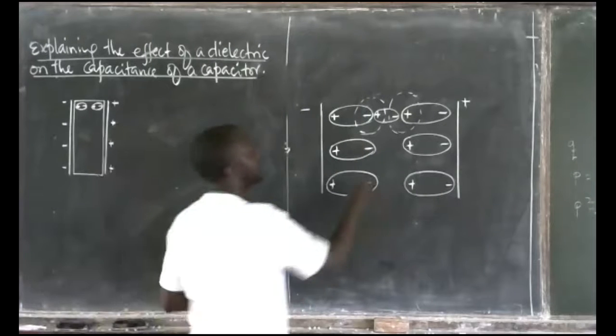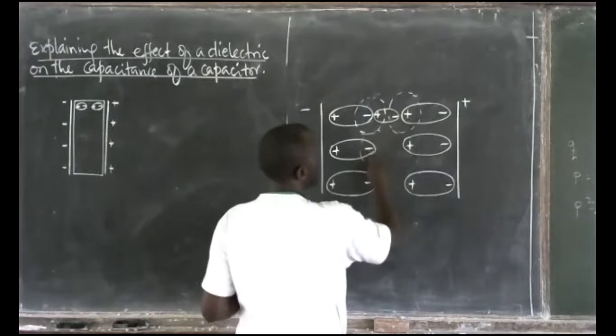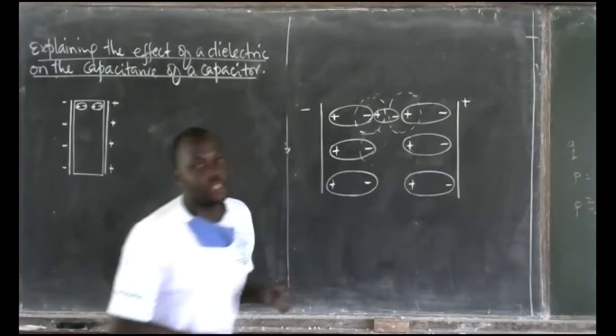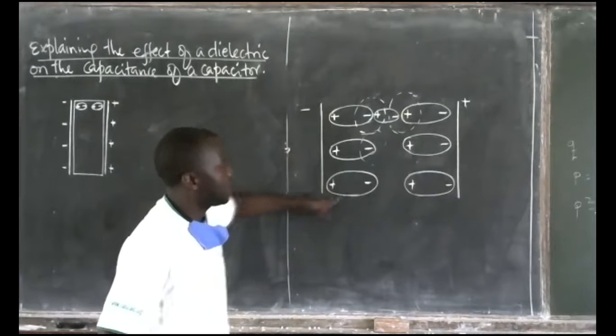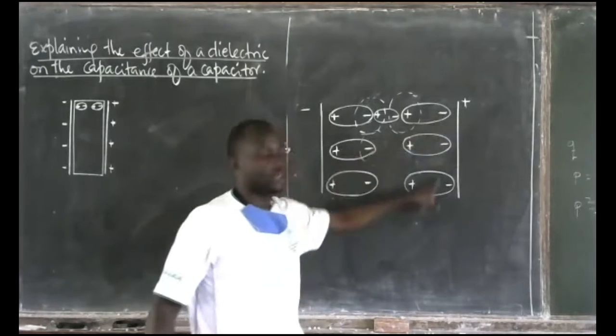Since we have seen that these effects will be cancelling in the middle, the end result is like we have only positives along here and the negatives along here.